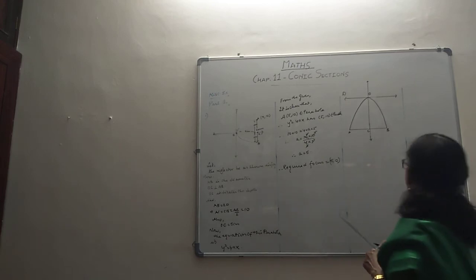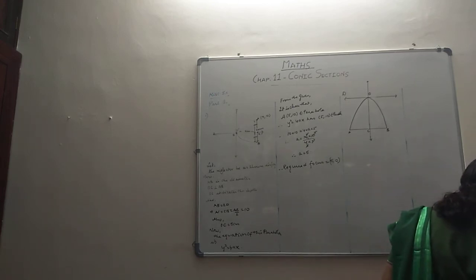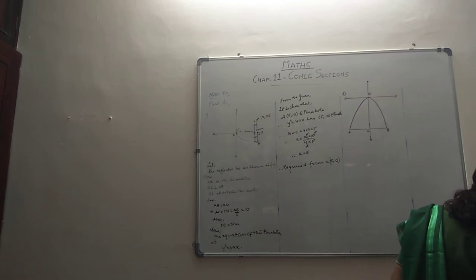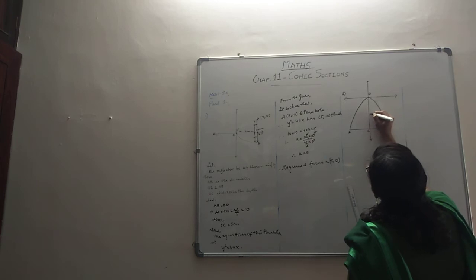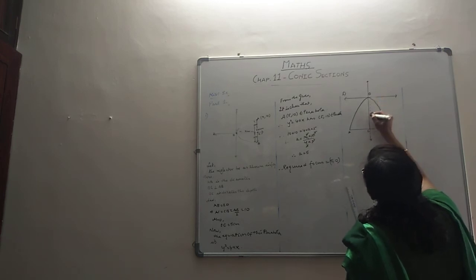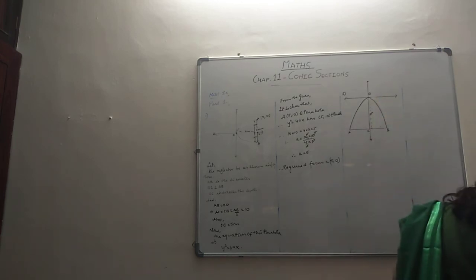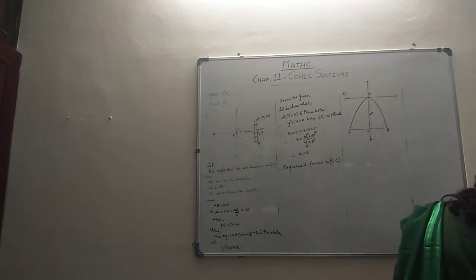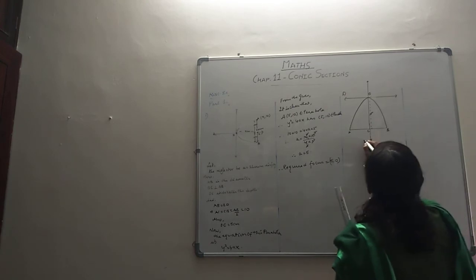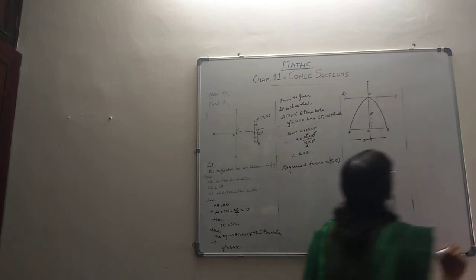Fine. Now, depending on the data that is given to us, they tell us that the arch is 10 meters high. So this is 10 meters. And what else? They say that it has got a width of 5 meters. Total width is 5 meters.